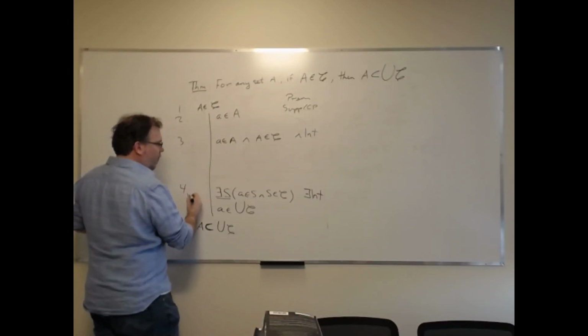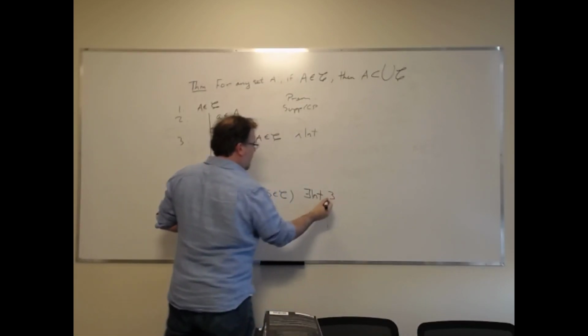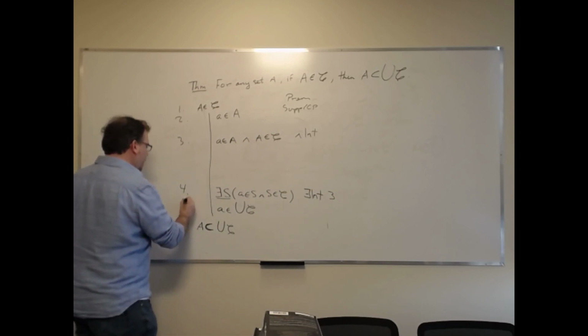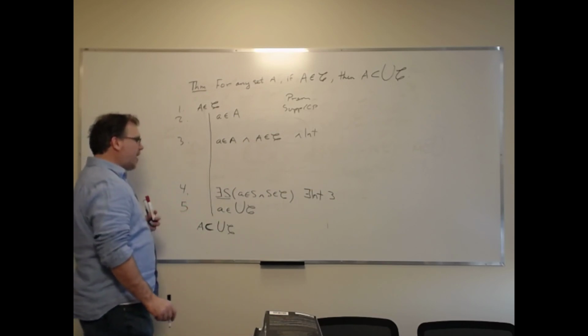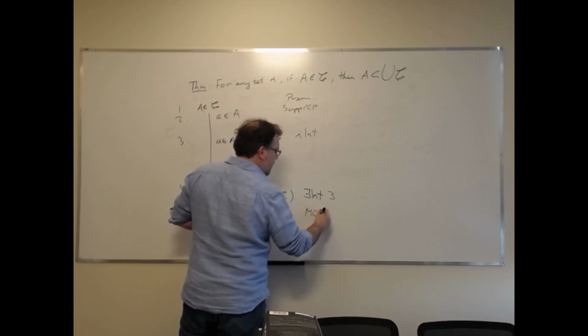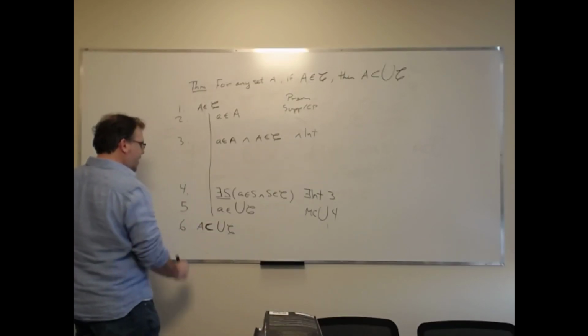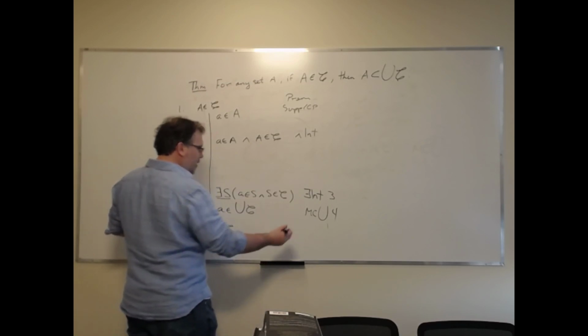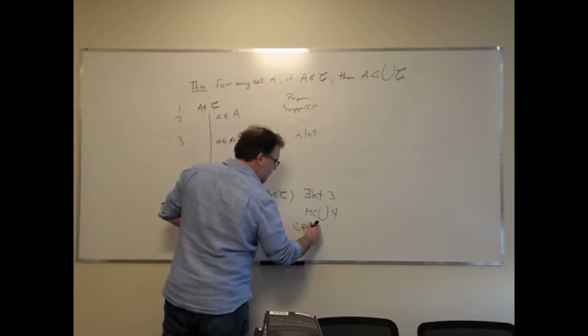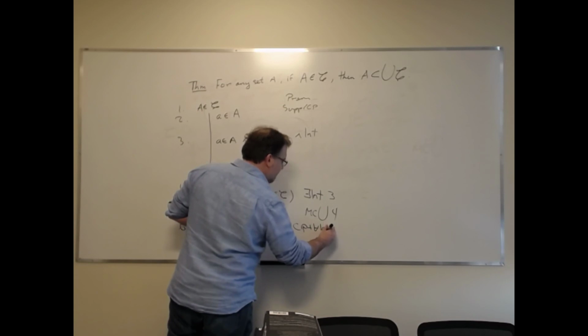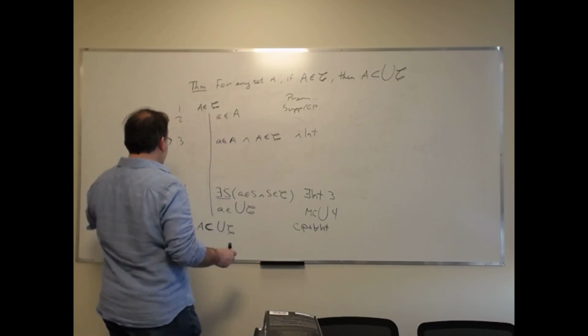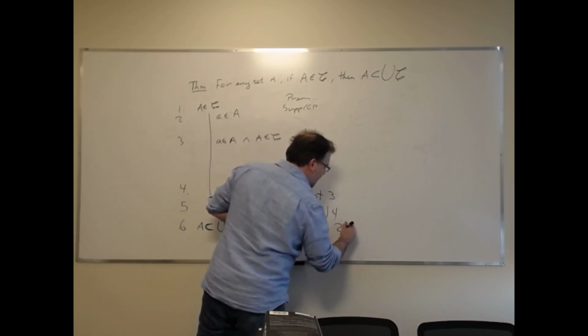And then on line 4, we do our existential introduction from line 3. And on line 5, it's just the membership condition for union sets. And on 6, it's just CP plus for all introduction from line 2 to 5, something like that.